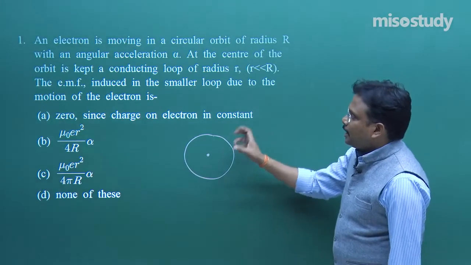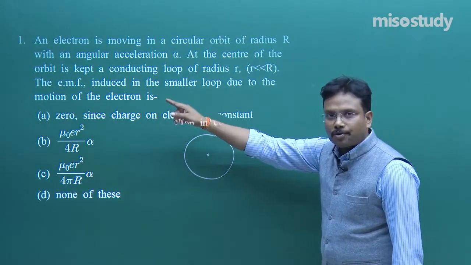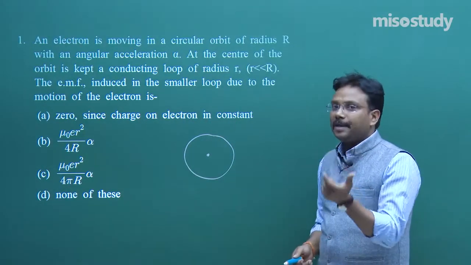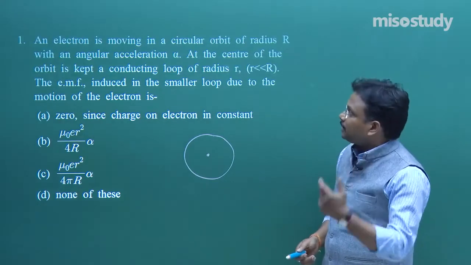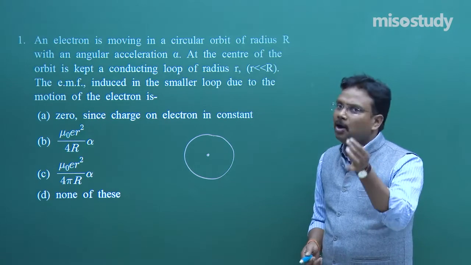What exactly is the cause of the induced electromotive force? Obviously the circular motion of the electron, because the electron has charge. And what is the charge of the electron? That you can easily mention by small e or q.